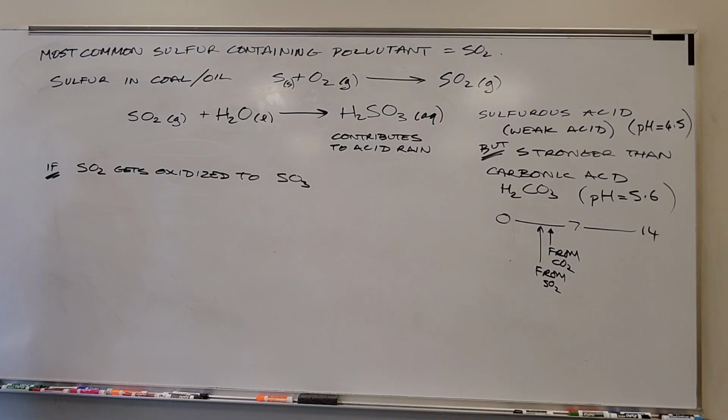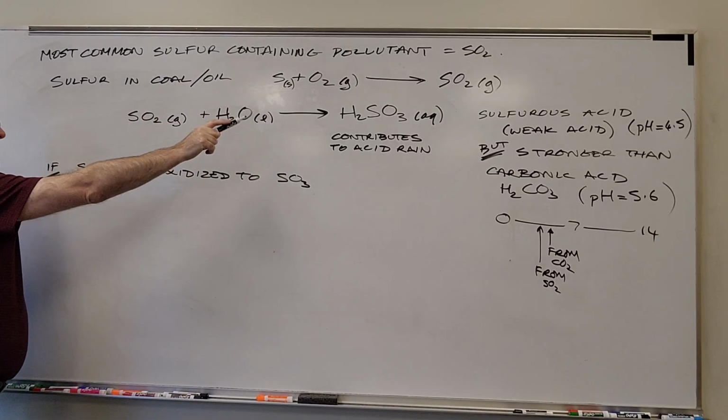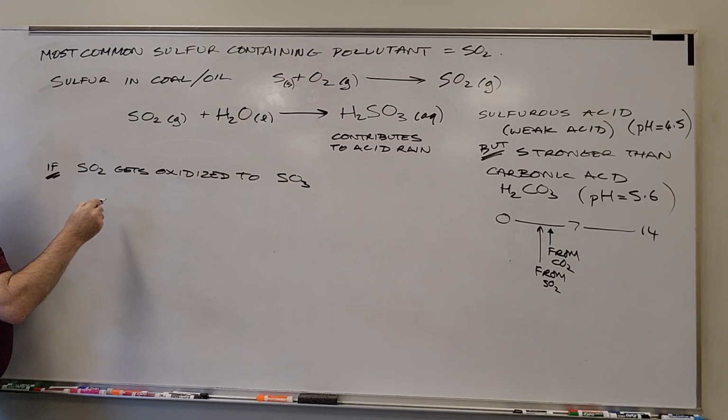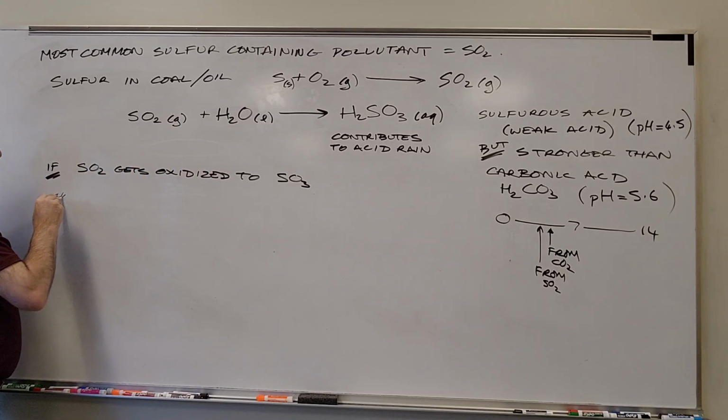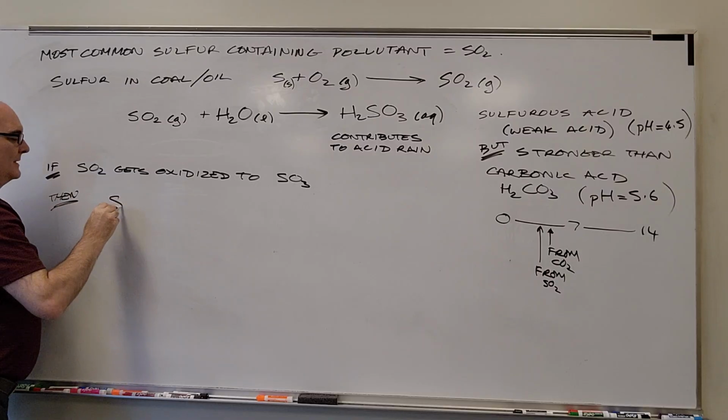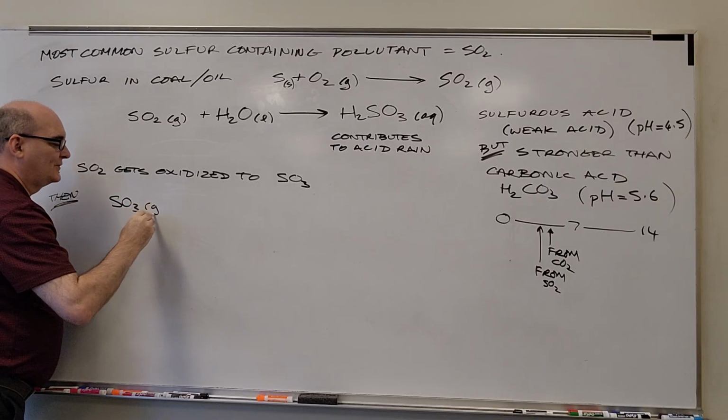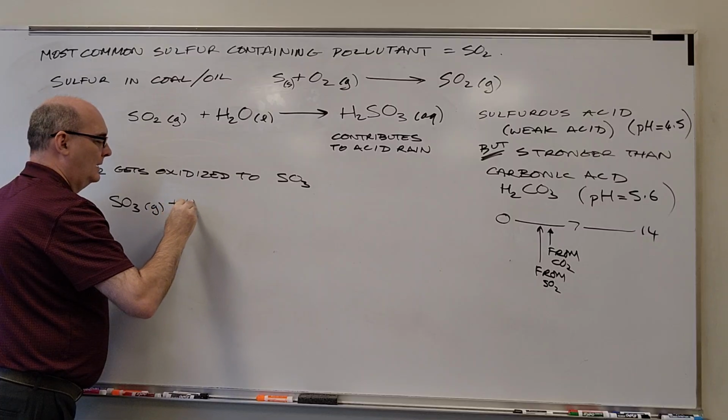In the lab, it's a piece of cake, but out in the atmosphere, it's a little bit problematic because we can up concentrations in the lab and we can add fire and stuff like that, stuff that you don't get in the sky. But if the SO2 that's making this weak acid could get oxidized up to SO3, then sulfur trioxide plus H2O.